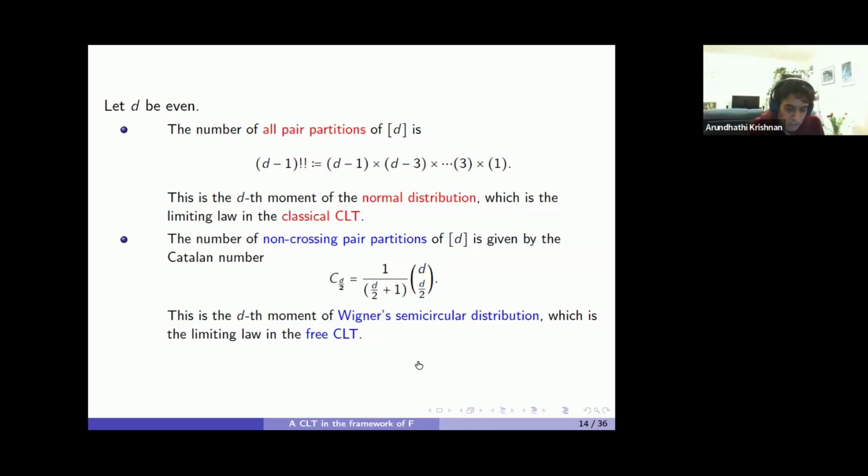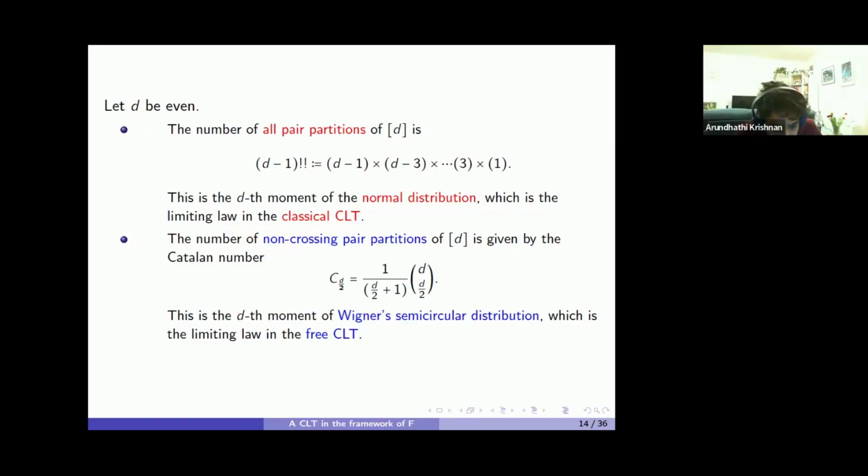And as Doron just said, the semicircular distribution is also the limiting distribution of the eigenvalues of a sequence of symmetric random matrices. It's the same distribution there. Is it a direct relation? Is one a special case of the other, or is that a coincidence?